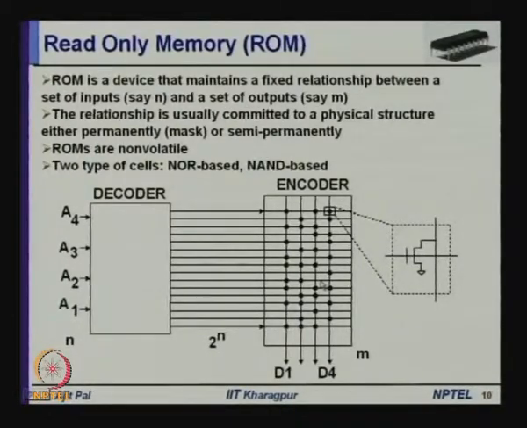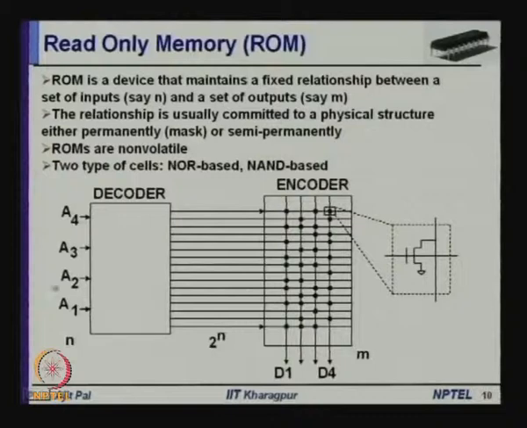It will be done only once at the time of fabrication, that is known as mask programmable ROM, or there can be some fuses, those fuses can be blown only once, and so during the remaining lifetime of the device it will be used only for reading. And another very important property is ROMs are non volatile. That means, if you withdraw the power, the information is not lost, information will be retained by this encoder part.